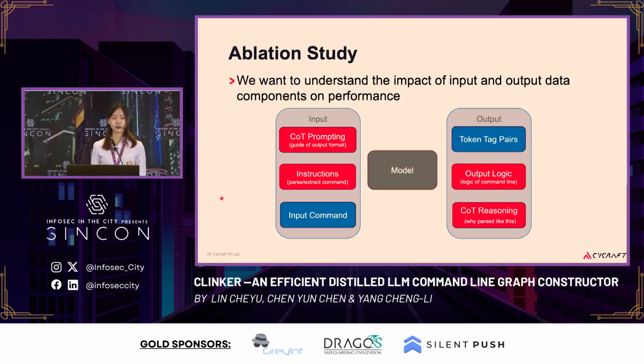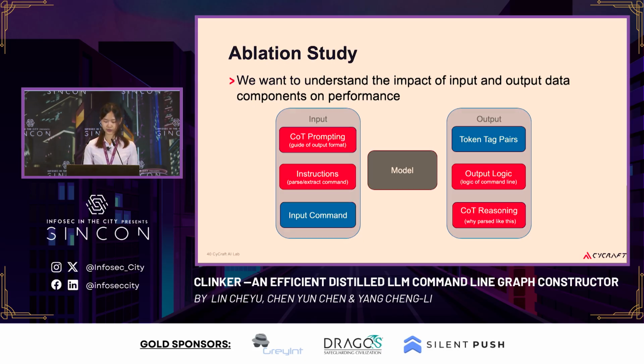On the output side, we also include 3 components, which are the target output, which is the expected parsing or extraction result, a logic explanation, which describes what the command is doing, and again, the corresponding part of the COT prompting, which explains why the extraction or parsing was done.